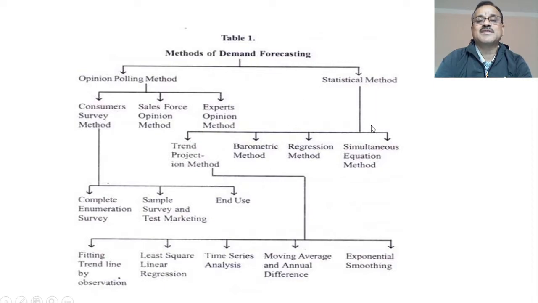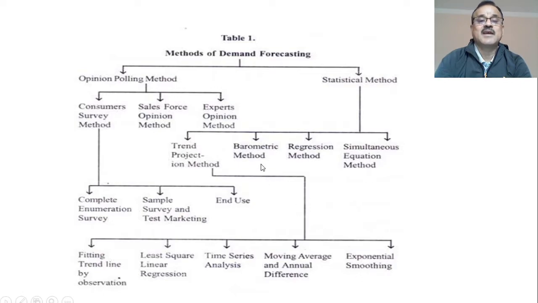And under the statistical method, trend projection method, barometric method, regression method, simultaneous equation methods are used. And under the trend projection method: fitting trend line by observation, least square linear regression, time series analysis, moving average and annual difference, and exponential smoothing.